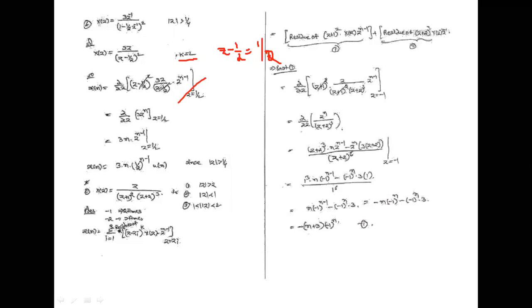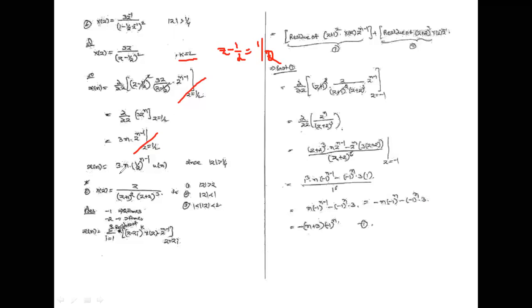So z minus 1 by 2 whole square and z minus 1 by 2 whole square get cancelled. 3z into z power n minus 1. In this, z power 1 and z power minus 1 get cancelled. We have only the z power n. One time only we can apply the partial differentiation for the z power n. 3n z power n minus 1, where z is equal to 1 by 2.